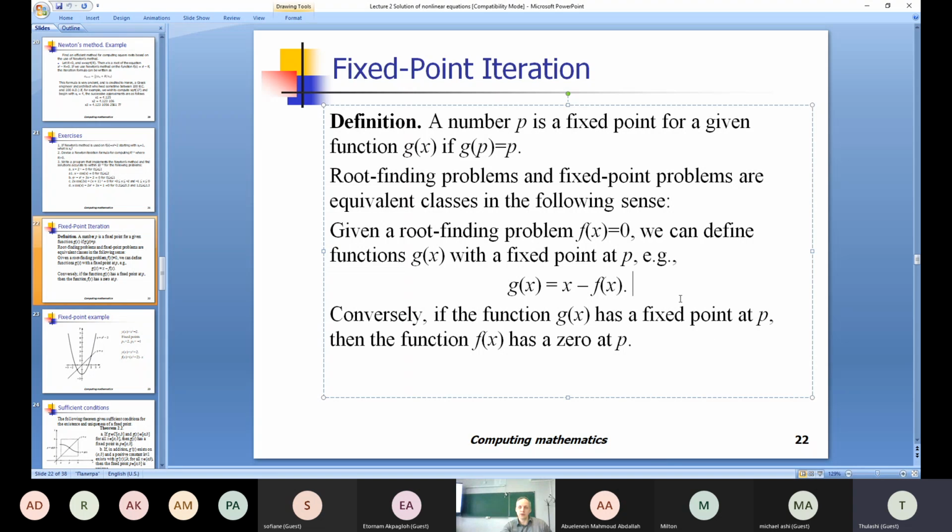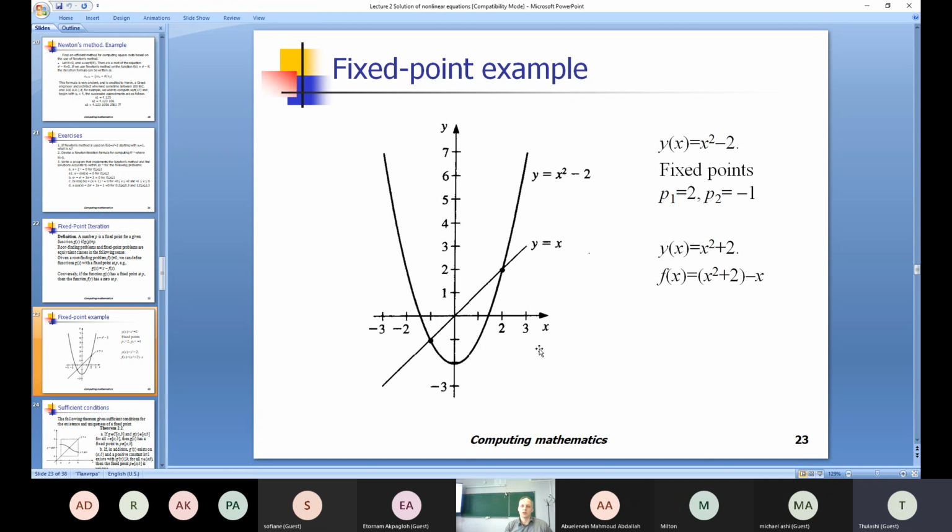So these two classes of problems are equivalent. And this is an example of a fixed point.